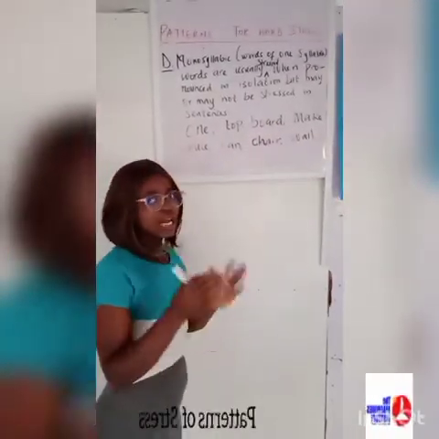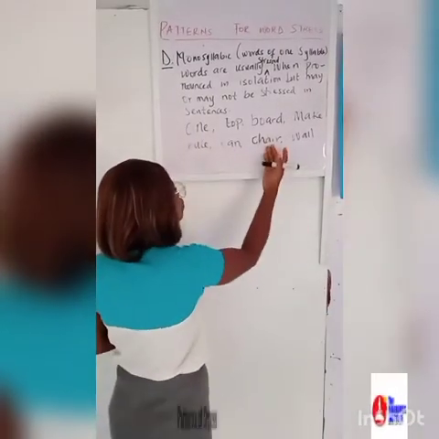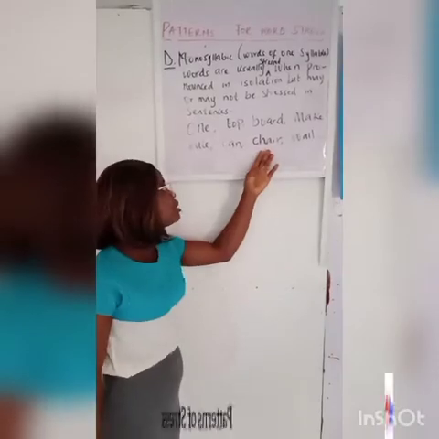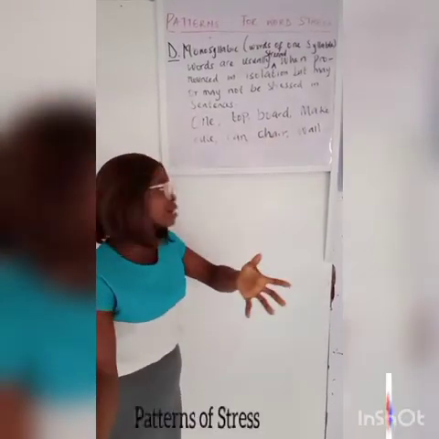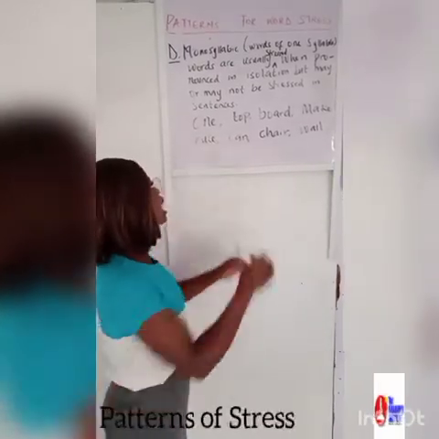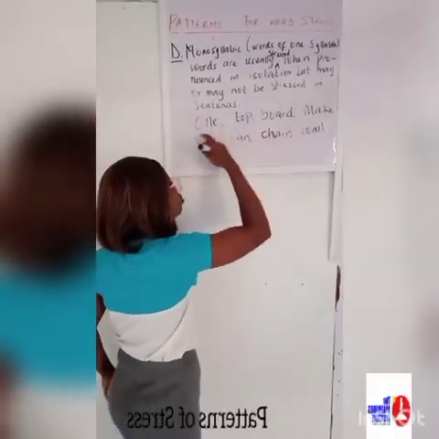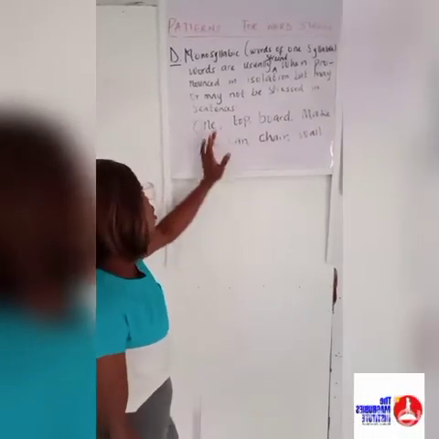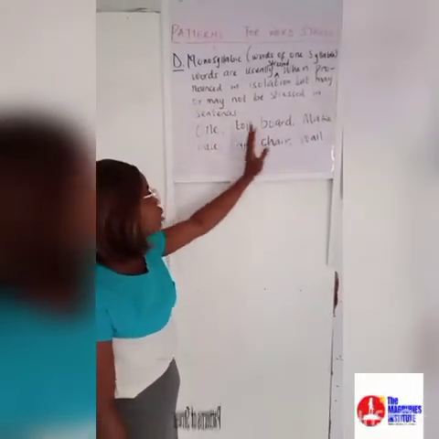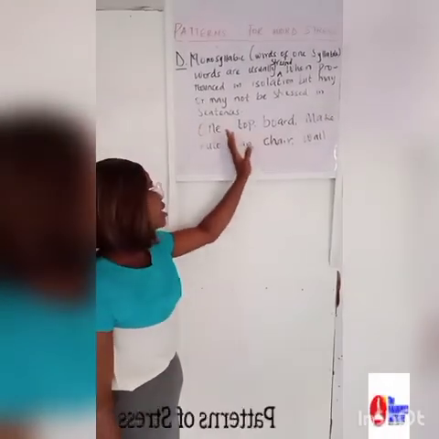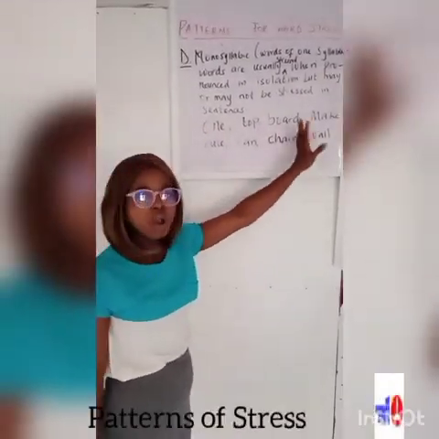You are to apply stress to them. But if you have chair in a sentence, for instance, you might not need to stress the chair depending on the meaning of the sentence. But when you have them in isolation, that is when you're pronouncing one after the other, you are to stress them. One, top, board, make, rule, can, chair, wall.